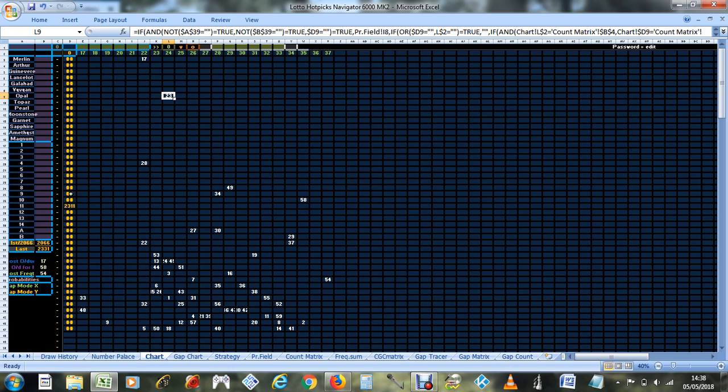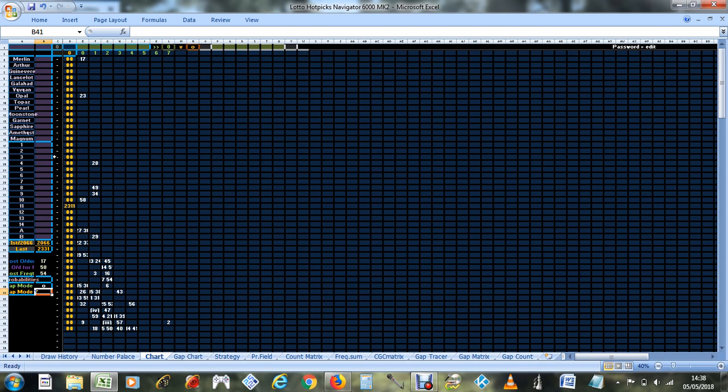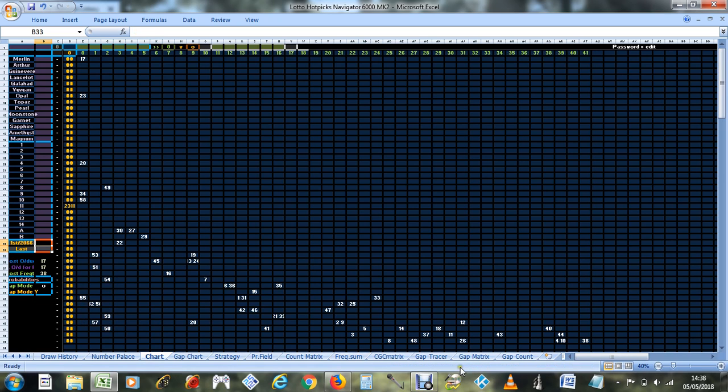Now, if we look at it from the side again, and look at full draw history, all machines and all sets of balls, see how long it takes to process.